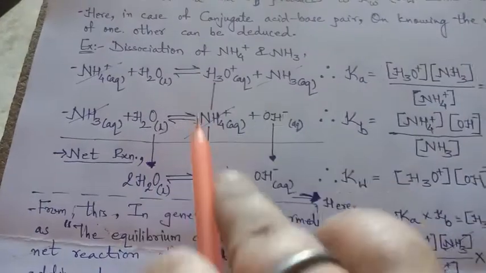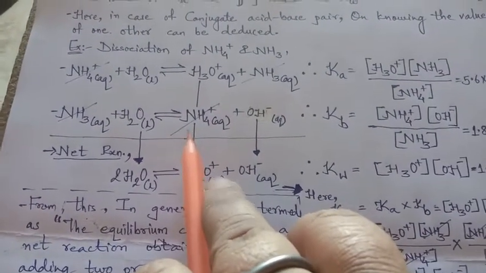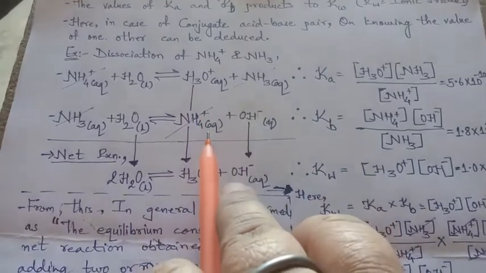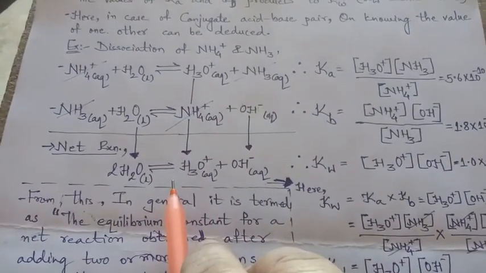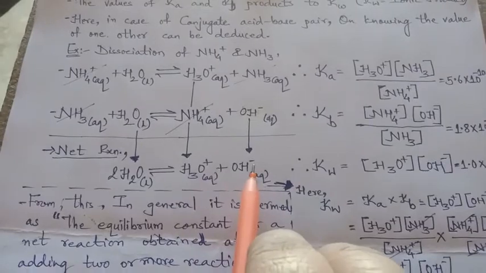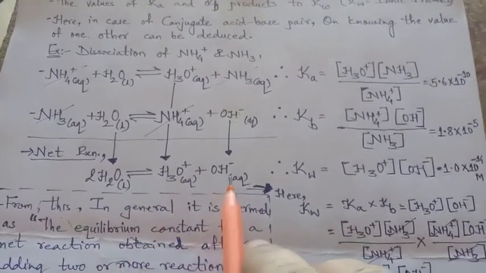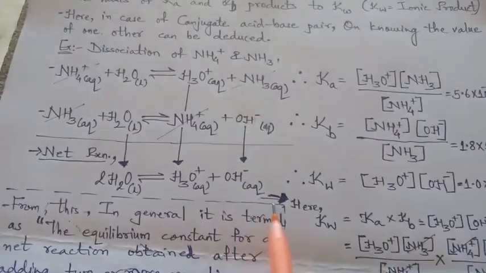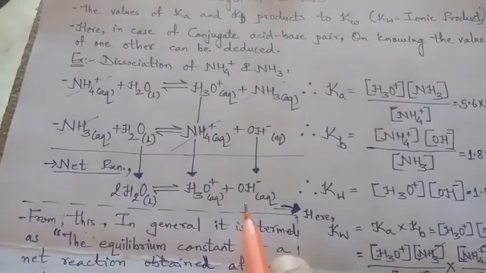This is the net reaction. When we add the reactions, it gives us the net reaction, that is the ionic product of the water. We can say this H3O plus OH minus. It is the value of Kw, right?